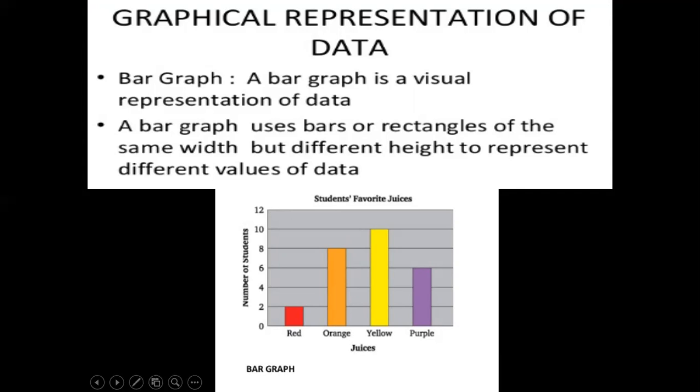Again, this is something that we have come across in our previous grades. A bar graph is a visual representation of data, which uses bars or rectangles of the same width, but different heights, representing different values of data.